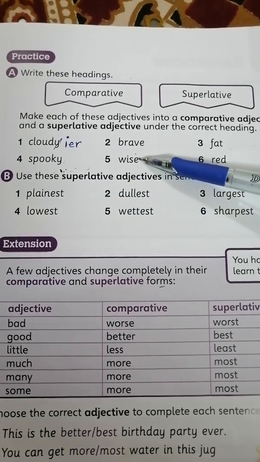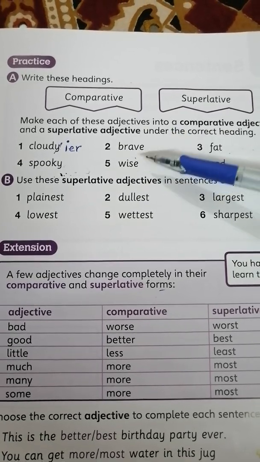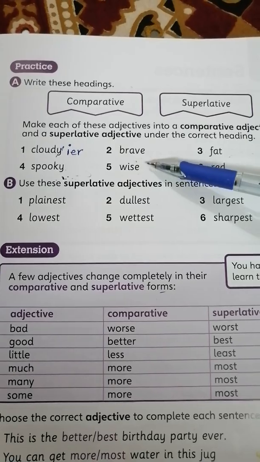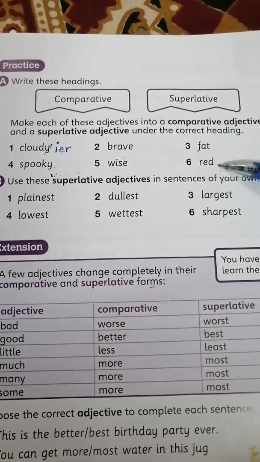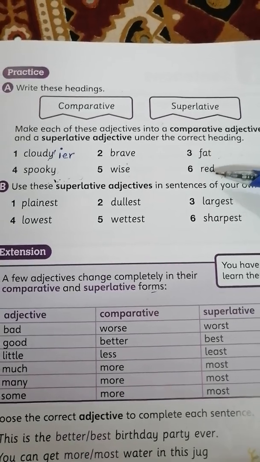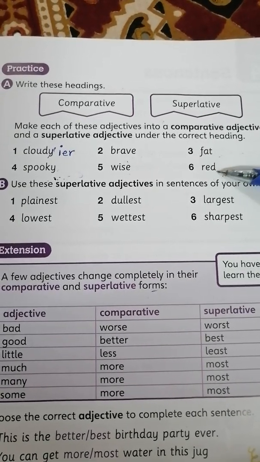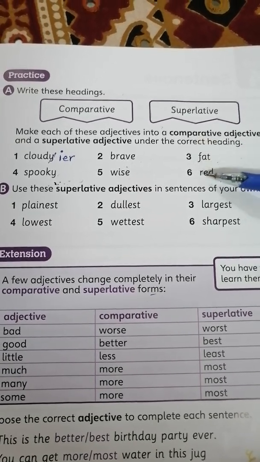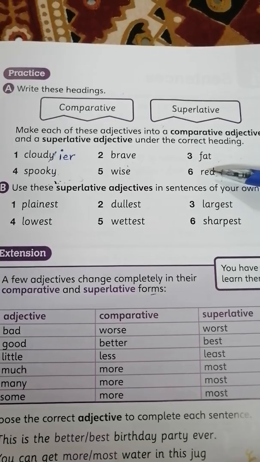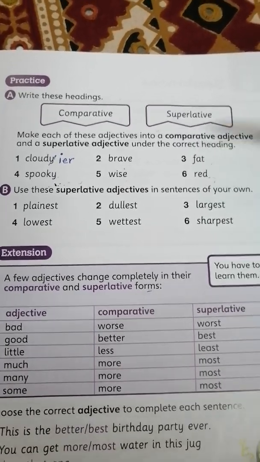It again ends with E. We just add R in comparative and EST in superlative. Then the last one is red. It again ends with a consonant. We double the last letter in comparative degree as redder, and in superlative adjective we write it as reddest.